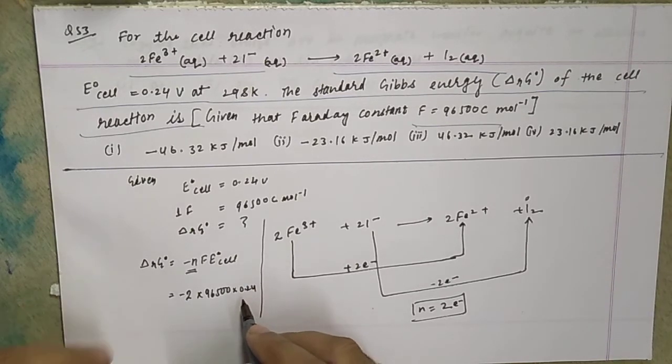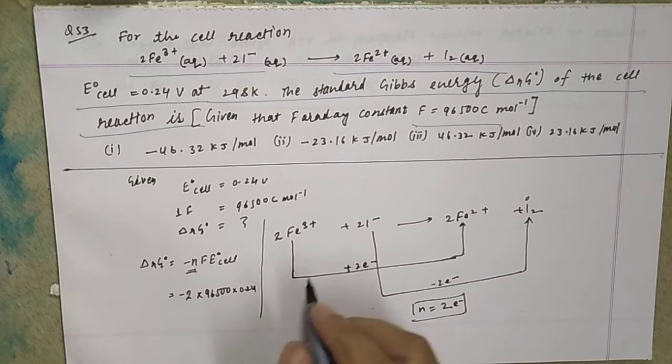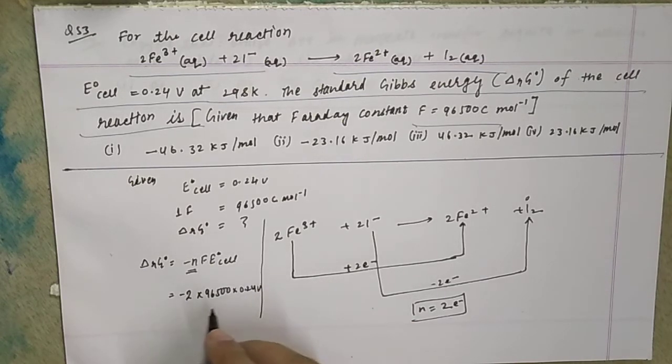0.24. And if you multiply this, this is volt only. You will get minus 46,320 joule per mole.